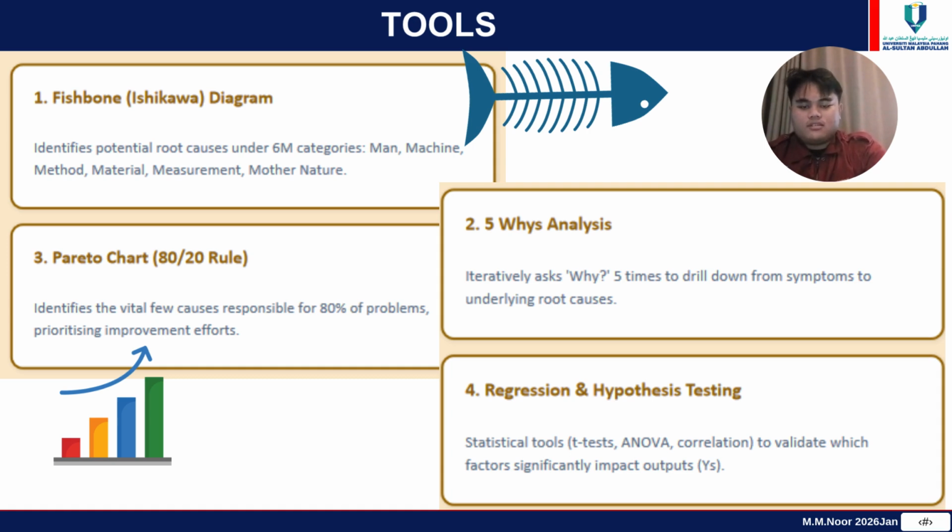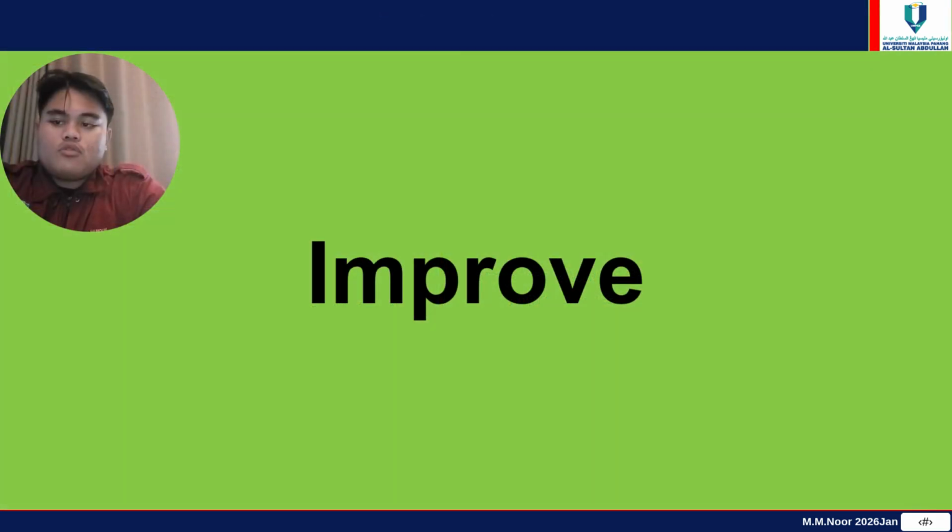This visualizes the 80-20 rule, helping the team focus its energy on the vital few causes driving most of the problems. Last one, regression and hypothesis testing. This is where we bring in mathematical models like t-test or ANOVA to statistically validate which factors genuinely impact our output variables. Once the root cause is mathematically proven, we enter phase 4, improve.